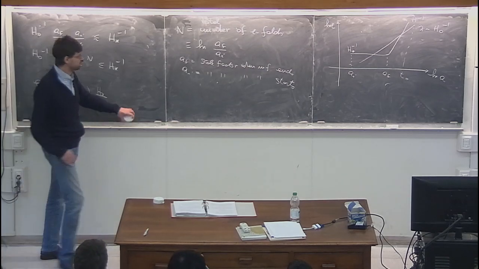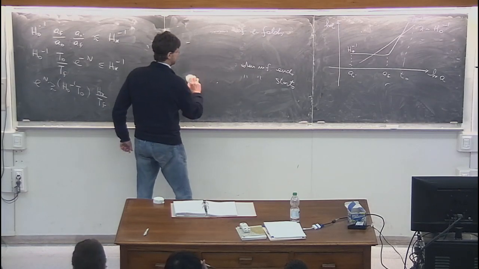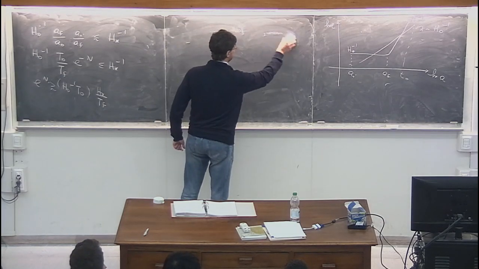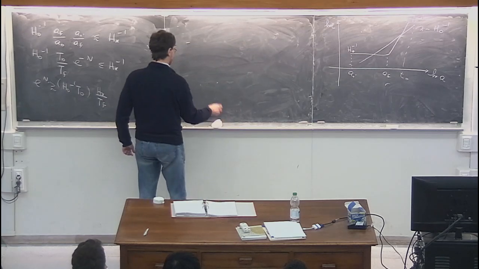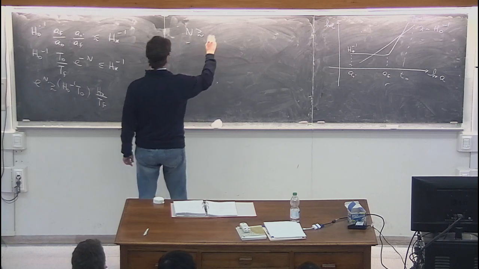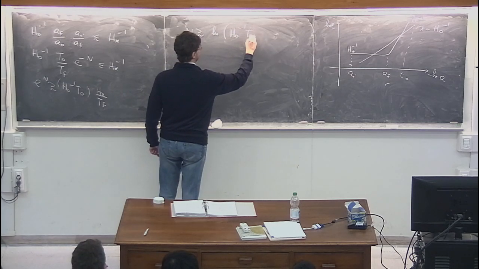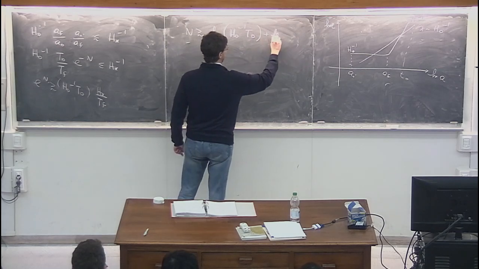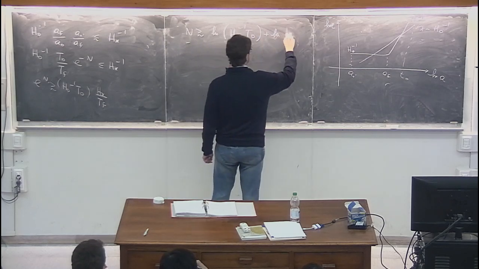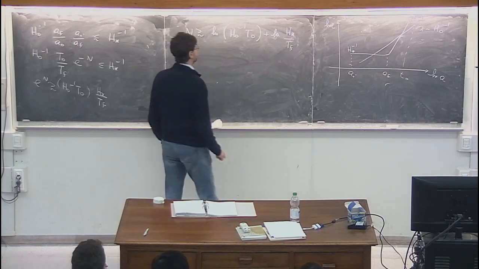So from here, if I take the log of both sides, I get that N has to be larger than the log of H_0^-1 times T_0 plus the log of the ratio between H_star and T_F.